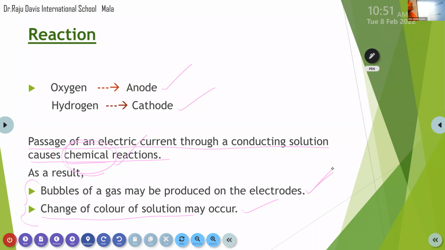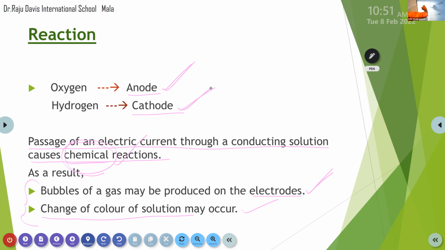Which are the two electrodes? Anode and cathode. So we can observe the bubbles of a gas on the electrodes, either at the anode or at the cathode.